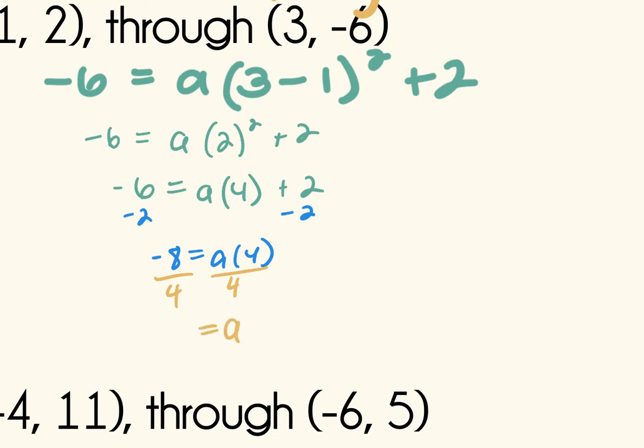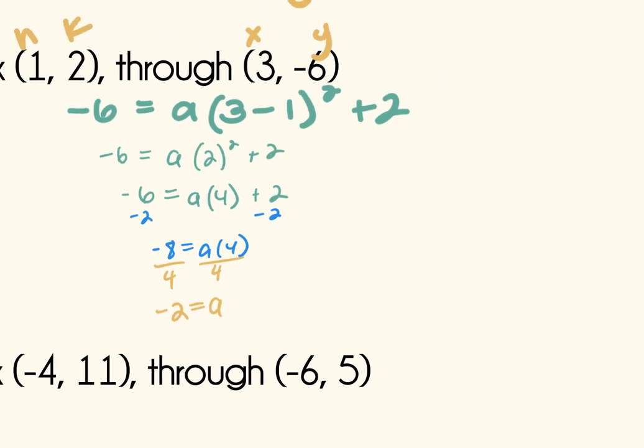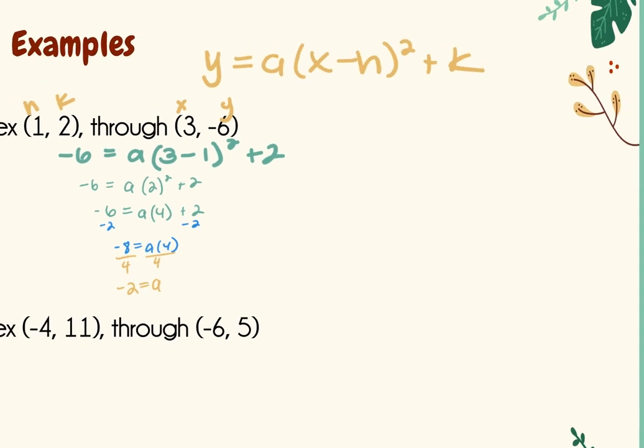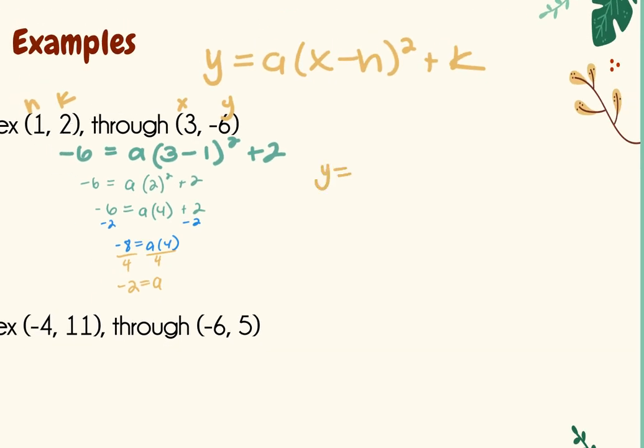And I get a is -2. And now you plug back in just your h, your k, and your a. So I get y equals the a, which is -2, x minus the h, which is 1, squared, plus the k, which is 2.